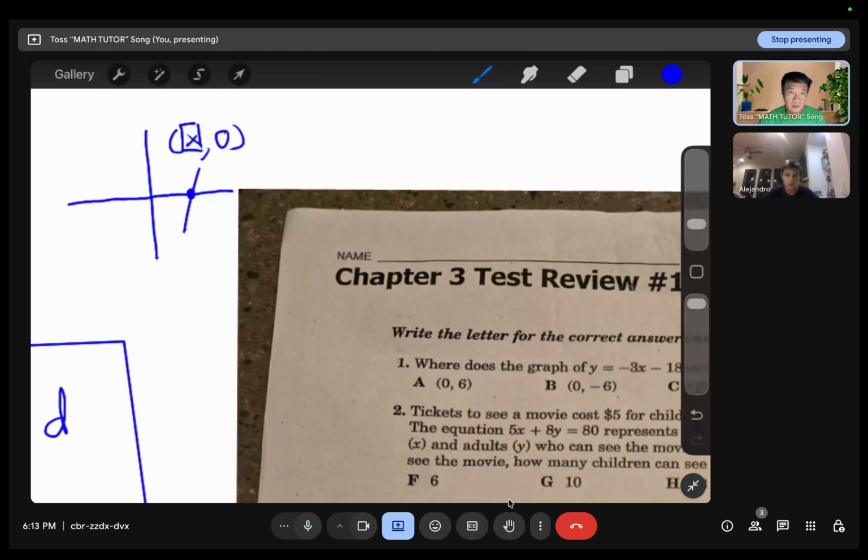Try to think about that. This is so easy in the future. You never have to memorize anything. You just sketch it out. For the y-intercept, your x will always be 0, and your y is what you're solving for.